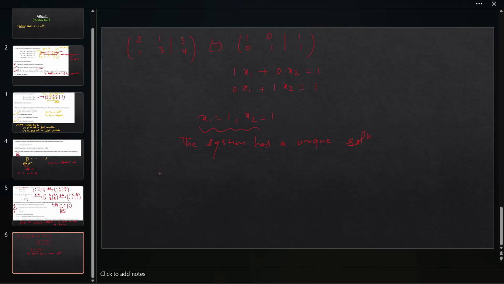You can also have this thing in your mind that if the RREF, that is the reduced row echelon form of the coefficient matrix A is an identity matrix, then the system Ax equal to B has a unique solution.